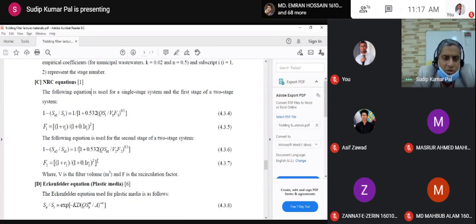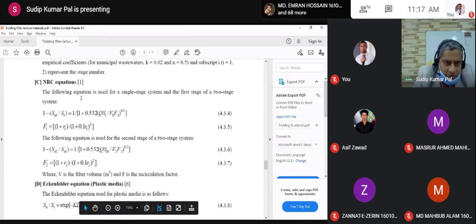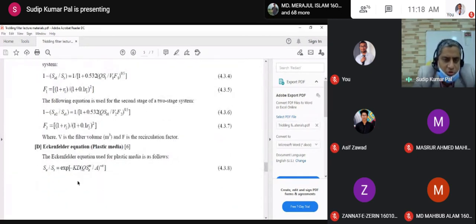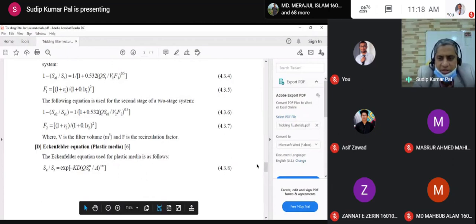in the second stage. So one equation will be applied first to calculate the E1. And after calculating the E1, you will calculate the SE, and then SE will be used here to calculate another E2. So that is basically for the second stage. And this is for plastic media. We are not discussing the plastic media.